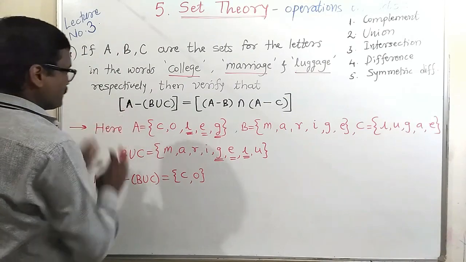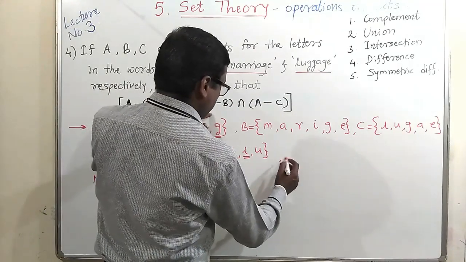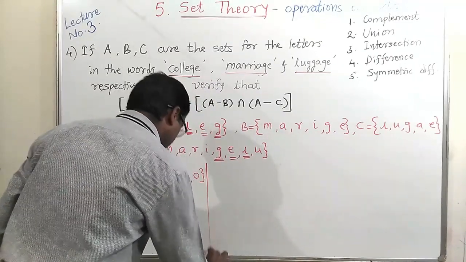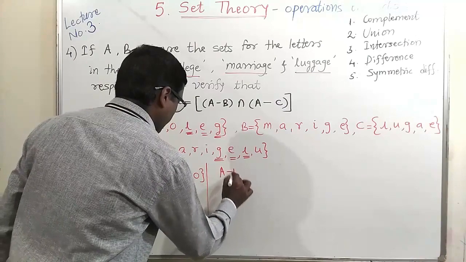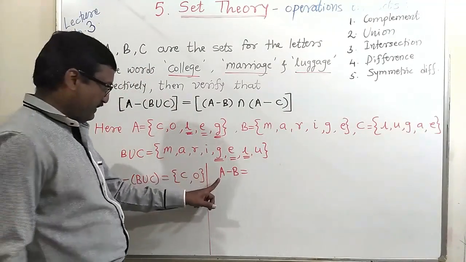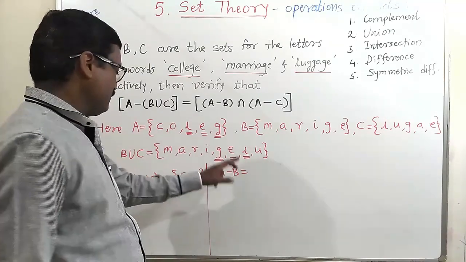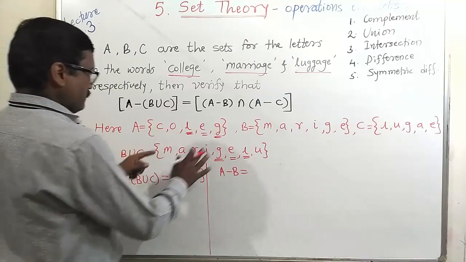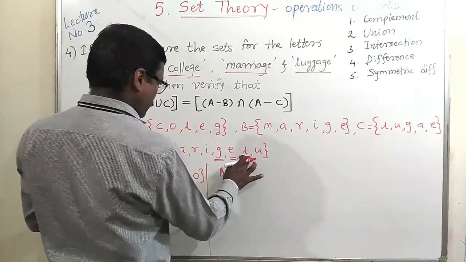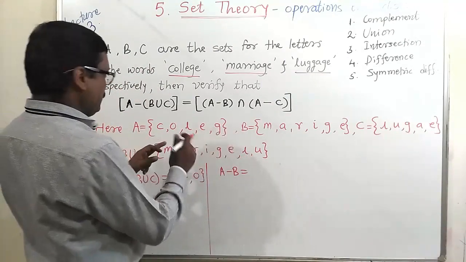Okay. This is A difference B union C. That is the left hand side part. Now see the right side part. Here we want A difference B. A difference B means a set of elements of A which are only in A but not in B. So once again, see the common elements between A and B. Which elements are common in A and B?